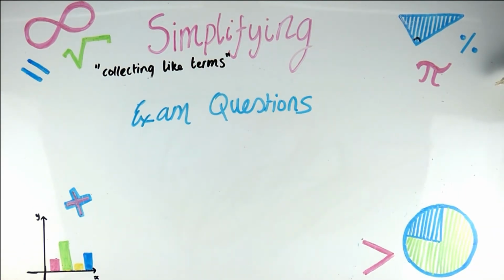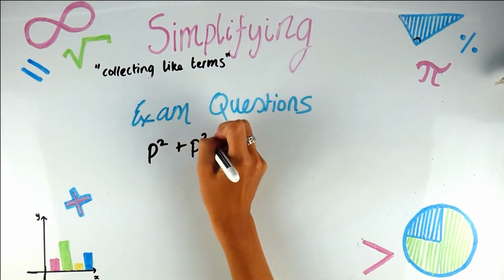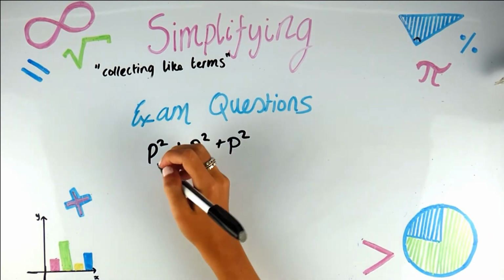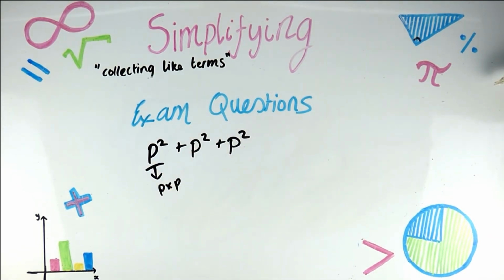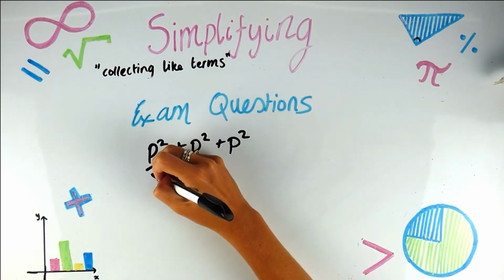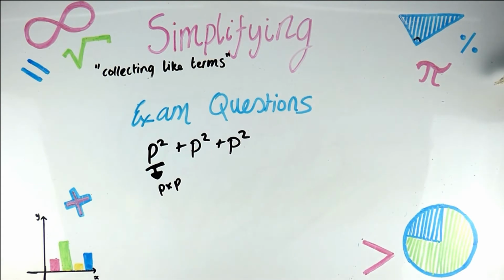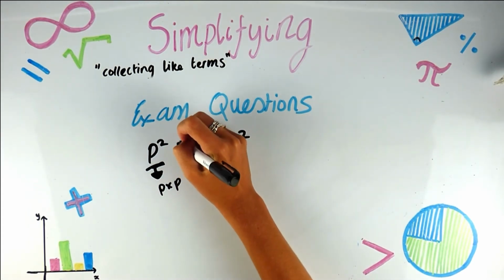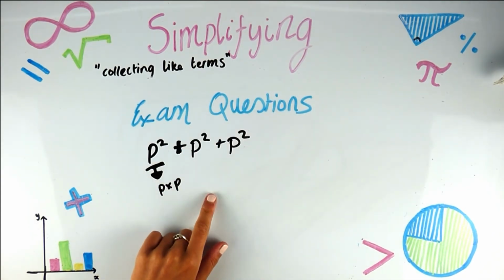So I'm going to start with p squared plus p squared plus p squared. So we know that this is p times p. That's kind of not what we're after here because they're already all p squareds. We don't really need to do that, but that might be what you immediately think. But just think again, maybe think of these p squareds as something else.